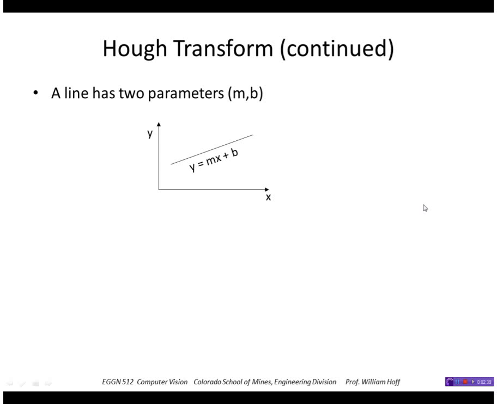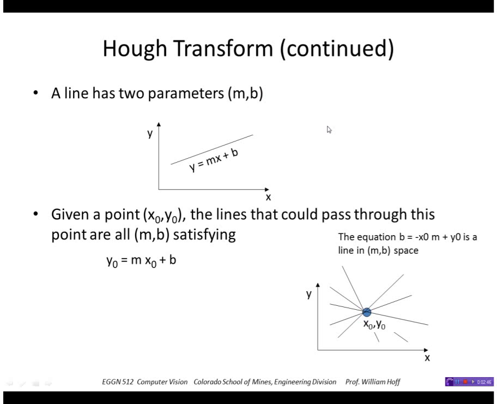A line has 2 parameters. You can express it in terms of a slope and intercept, an m and a b, like this. So let's say we have an edge point located at x0, y0. There are many possible lines that could pass through that point, in fact, all lines that satisfy the equation y0 equals m x0 plus b.